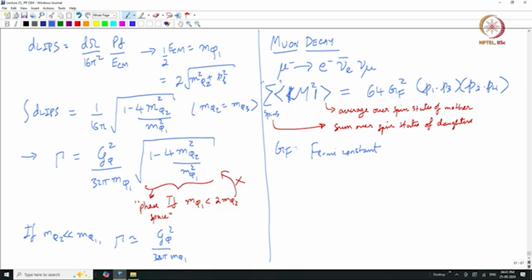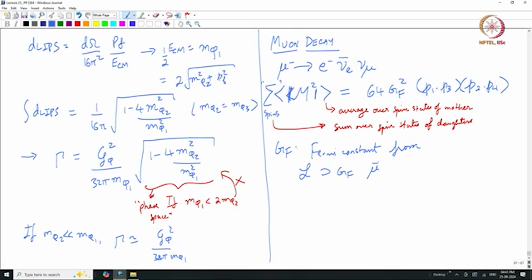Fermi constant. Remember we saw this when we talked about neutrino oscillations, for example. That comes from the Lagrangian written this way.